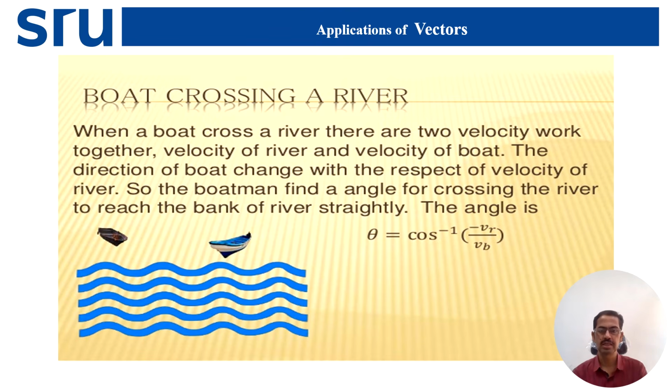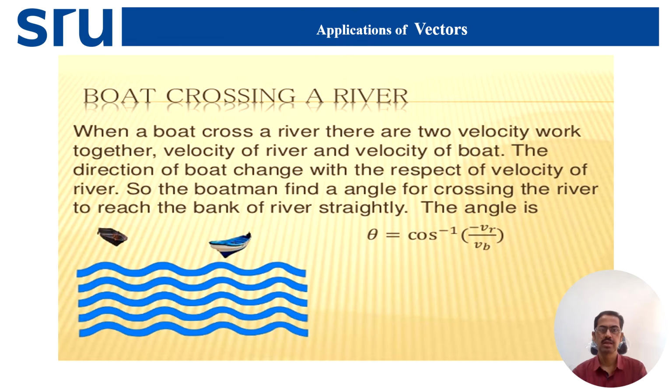The angle is theta equal to cos inverse of vr divided by vb, that is, velocity of river divided by velocity of boat. Using this angle, the boatman reaches from one bank to the other.